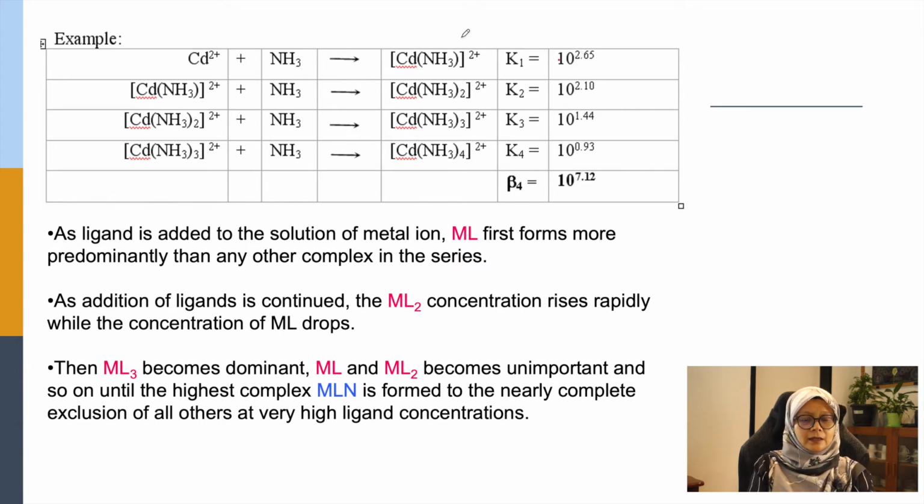Then in step number 2, this complex ion reacts with NH3, giving K2, and so on until the most stable formation of cadmium 2+ with ammonia, which is K4. The total for K1, K2, K3 and K4 is beta 4, which equals 10 to the power of 7.12.